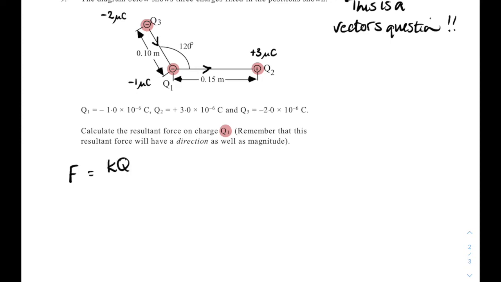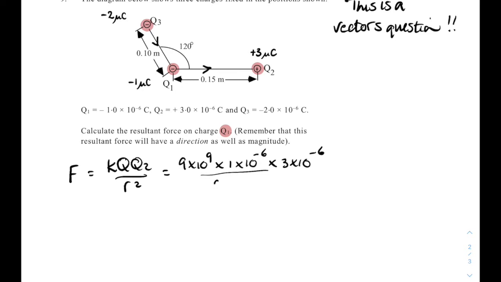Between Q1 and Q2, if we do our Coulomb's law equation, kQ1Q2 over r squared, we can use the shortcut of 9 times 10 to the 9 for the constant, and Q1 is 1 times 10 to the minus 6, and Q2 was 3 times 10 to the minus 6. I'm not putting in any negative signs here.